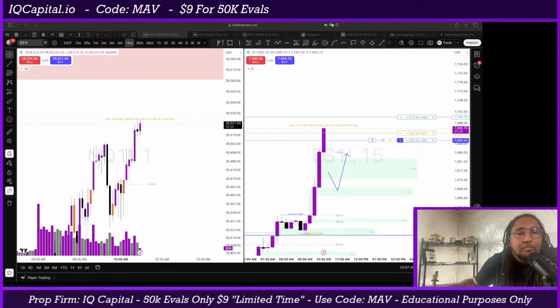Yeah, we're really looking for a pullback on NQ. Didn't really get the pullback we were looking for to take that entry on NQ. ES was a lot more clear.